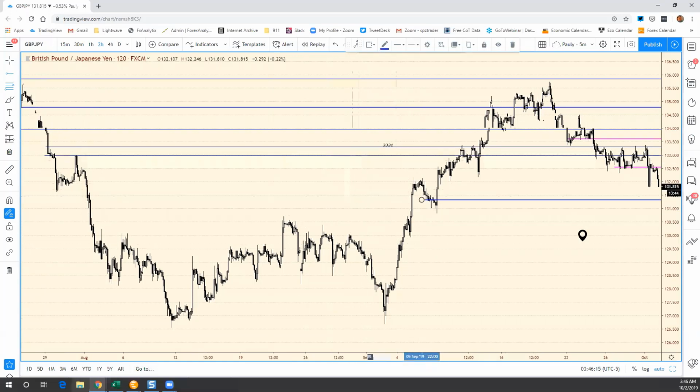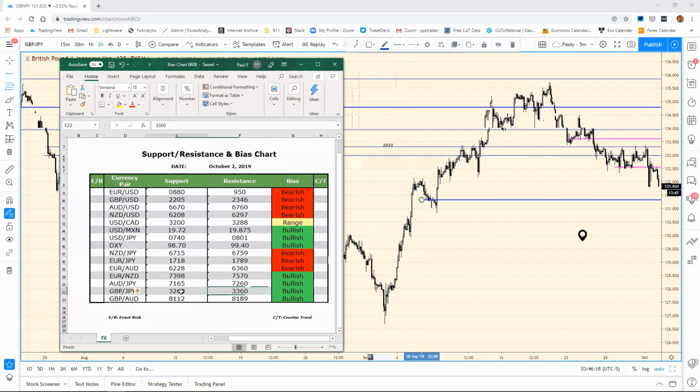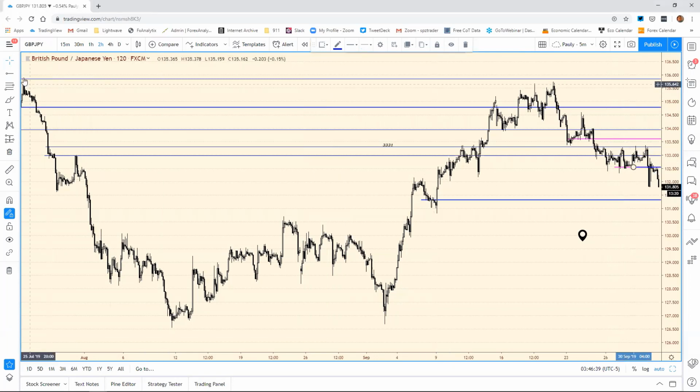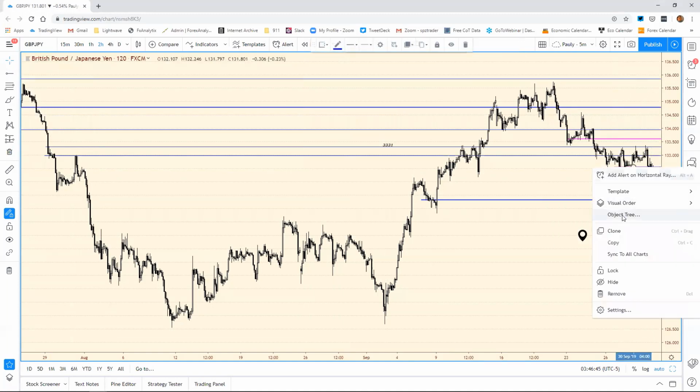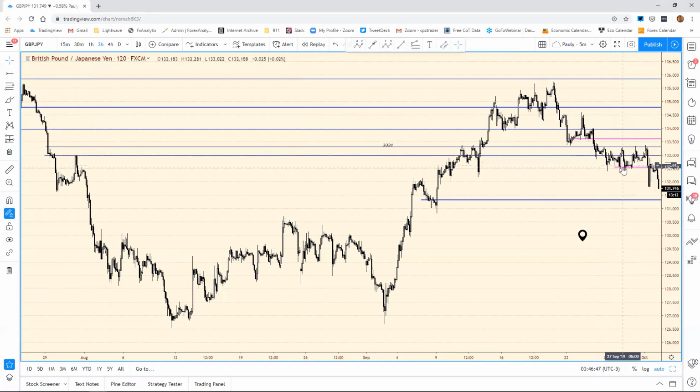There we go, 31.33. And resistance will be 32.65.